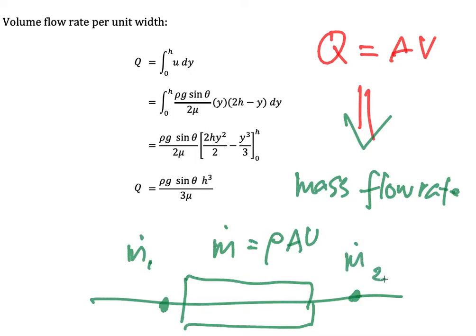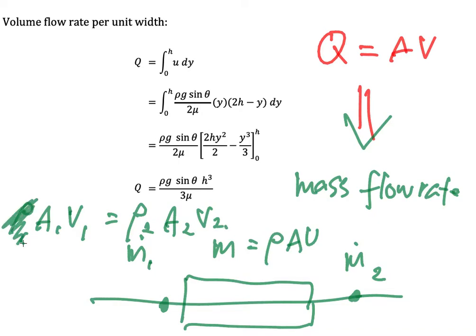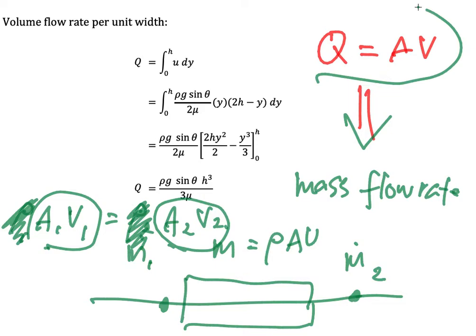So we will have rho 1 A1 V1 is equal to rho 2 A2 V2. Because we are always dealing with incompressible fluid, there are no changes of density. So we use AV equal to AV here. That's why we always use this one for the volume flow rate.